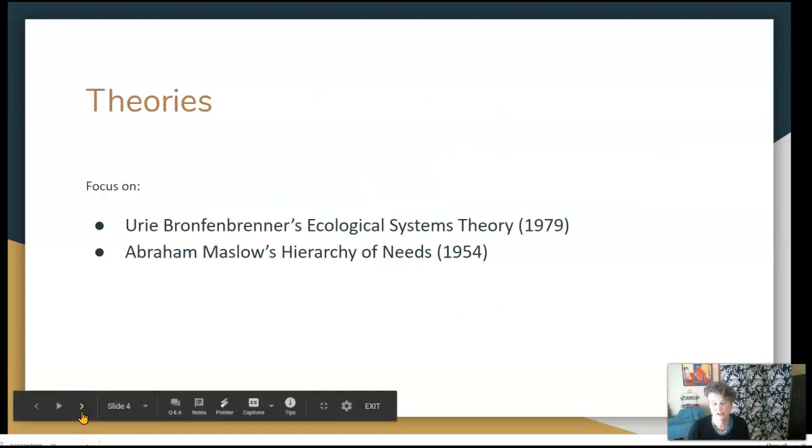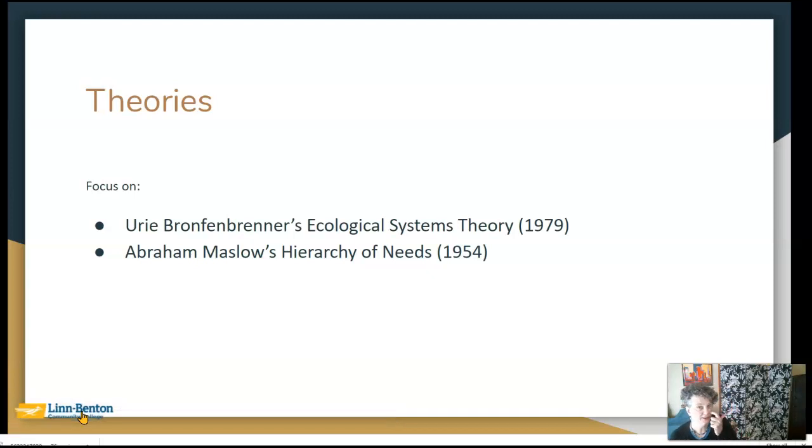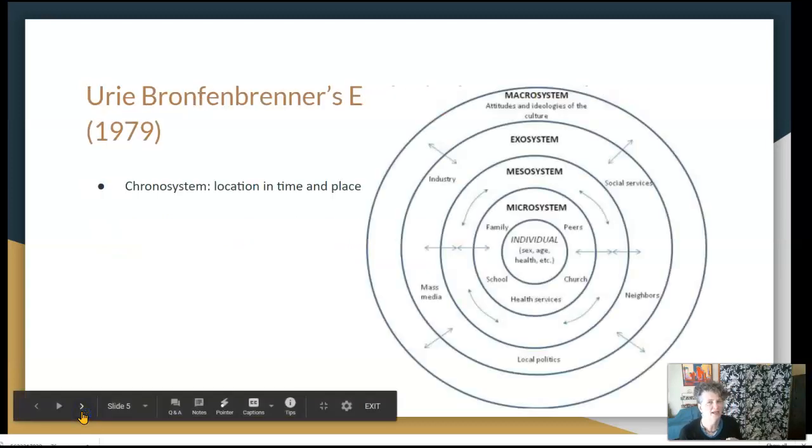Two theories we're really going to look at are Urie Bronfenbrenner's ecological systems theory and the hierarchy of needs, but not just Maslow's theory. Bronfenbrenner's theory looks at several systems and the relationship between those systems, and we'll go in depth on that later.